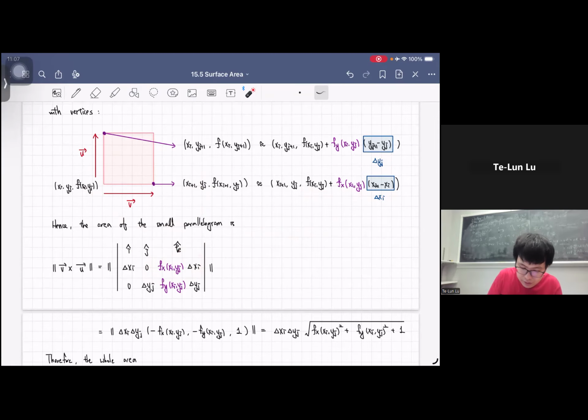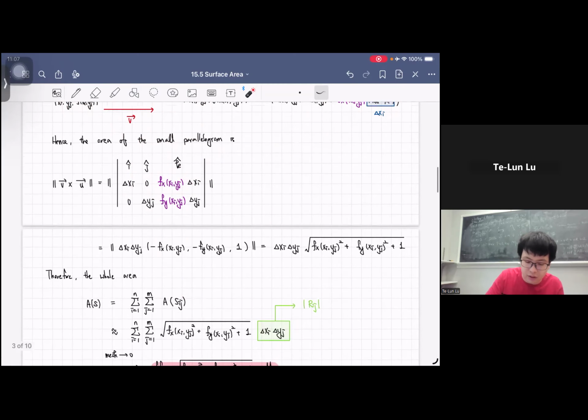The same thing happens for the u vector. You have x_i unmoved, so 0, and y_j goes to y_{j+1}, so that is delta y_j. And f(x_i, y_j) goes to f_y(x_i, y_j) multiplied by the difference, plus the original value. So this will be your difference going here.